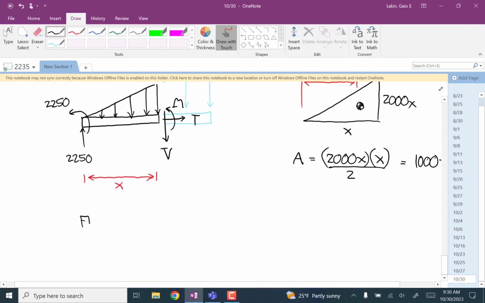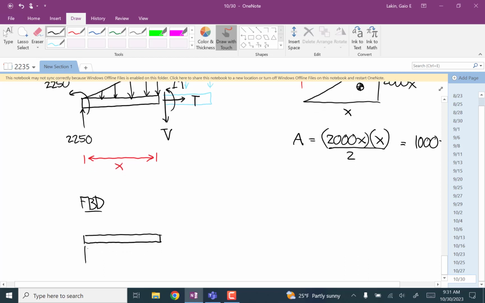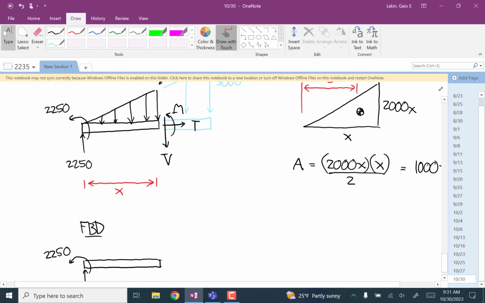So I'll redraw the free body diagram. We have the force of 2250, the couple of 2250. And now that we've chosen the body to isolate, now is when we can represent that distributed load as a point force.